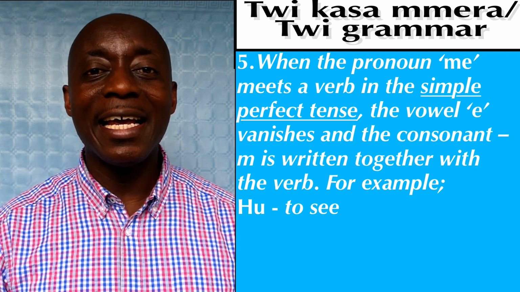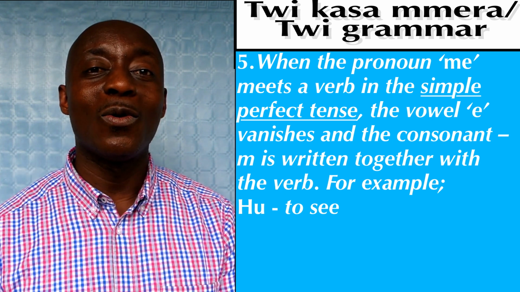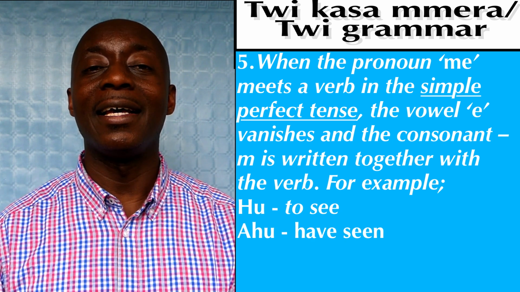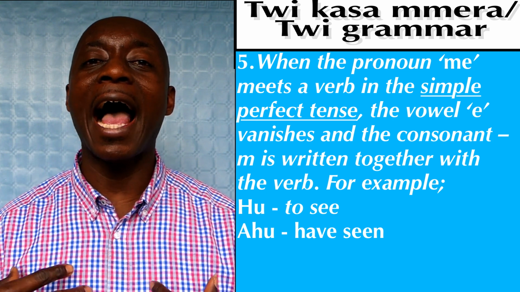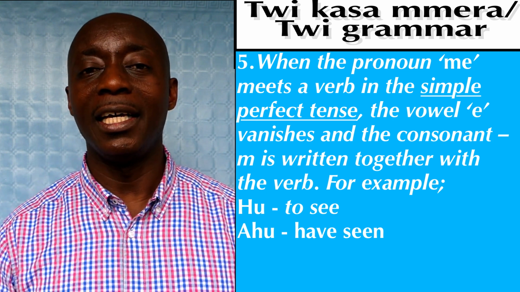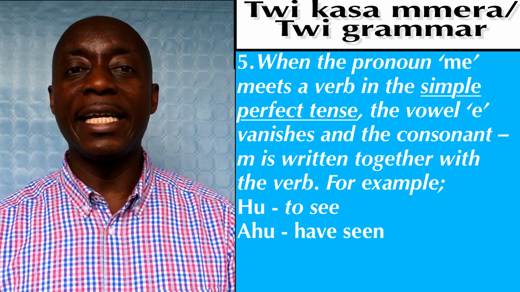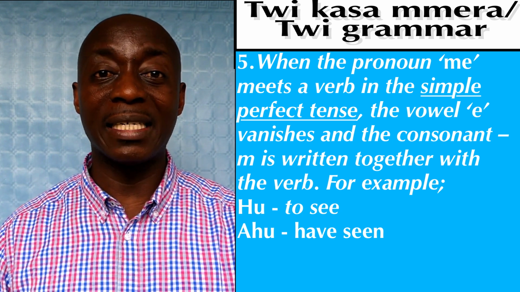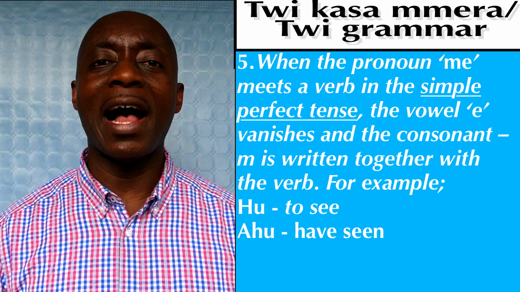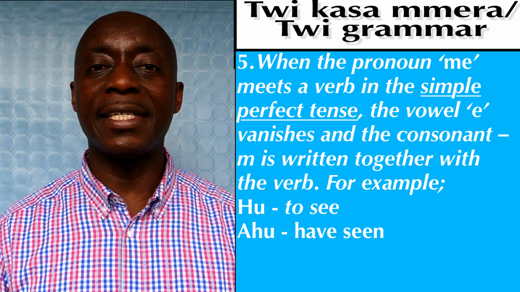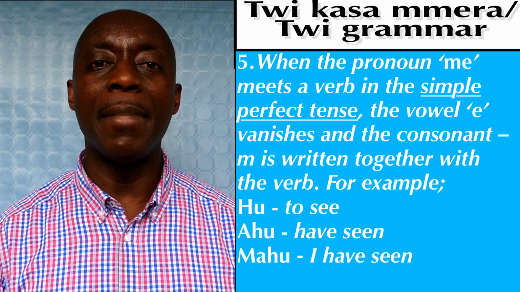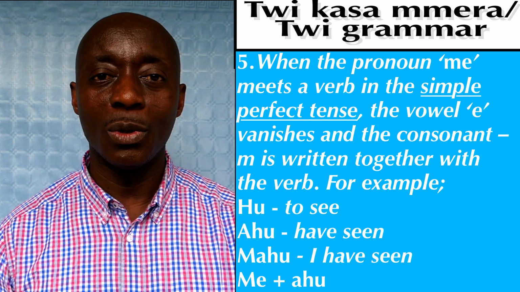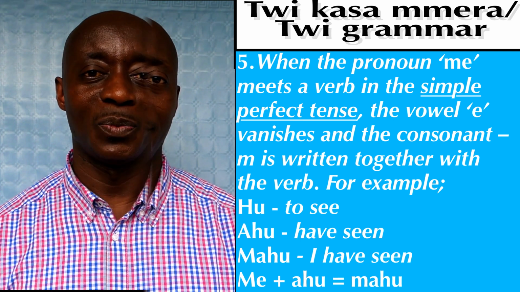That is to see in a simple perfect tense will be what? Ahu, seen. So if I want to use see in a simple perfect tense, I will say I have seen. If I should say I have seen, then I will say mahu. That is me plus ahu will then become mahu.